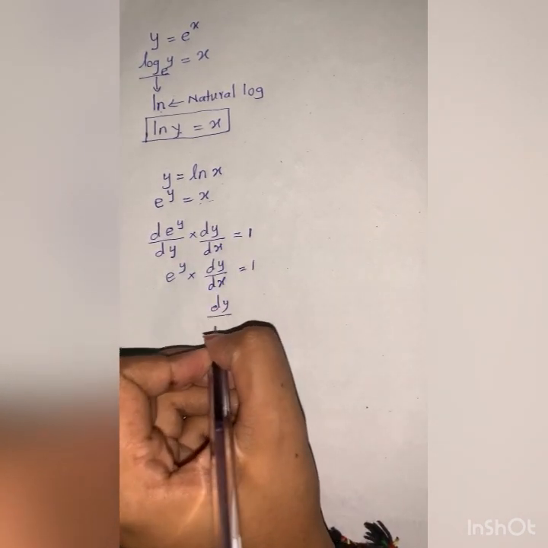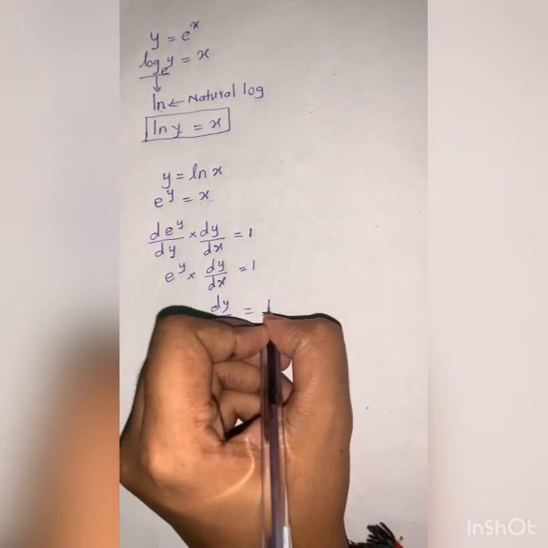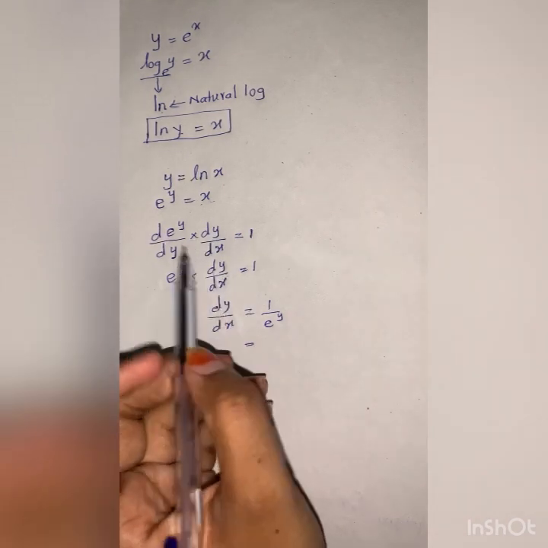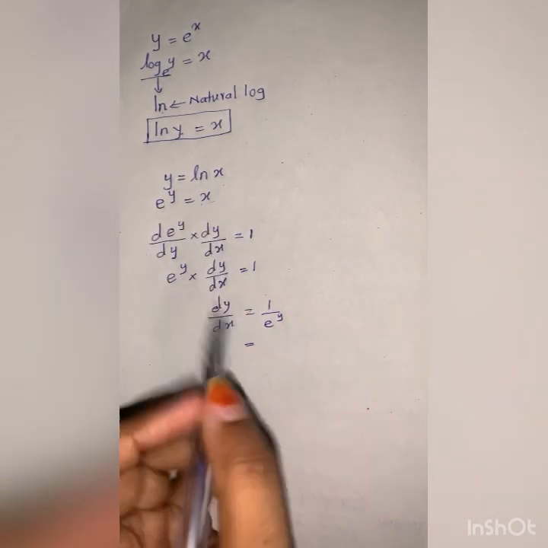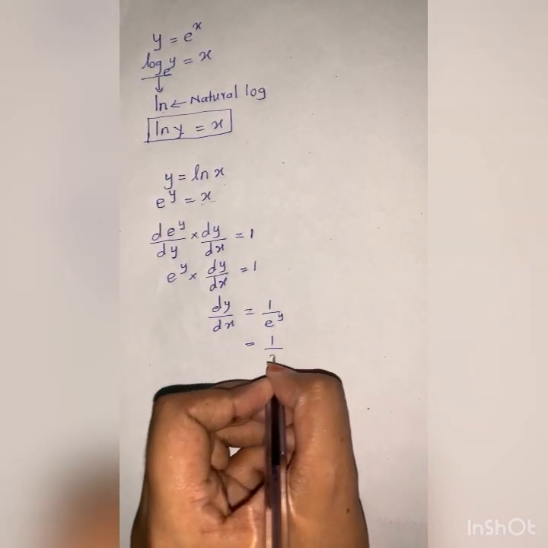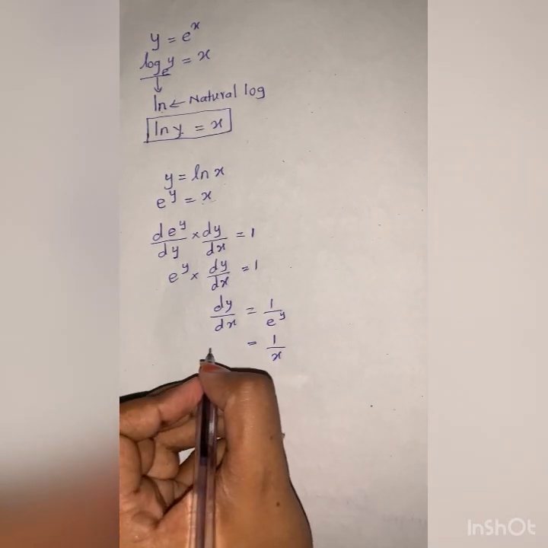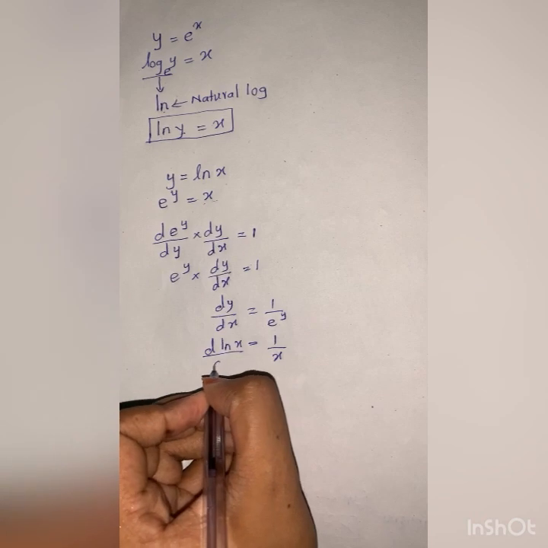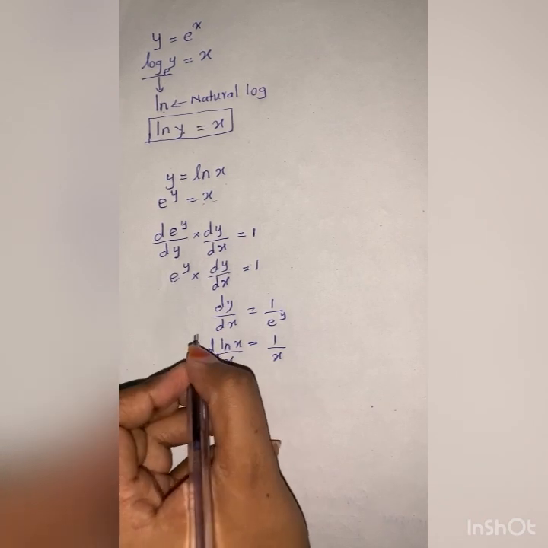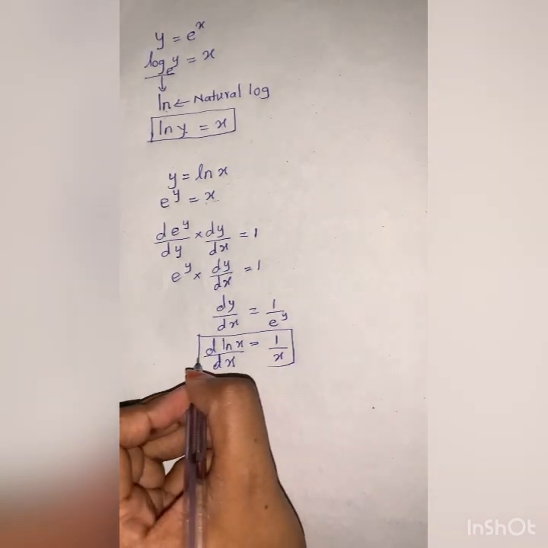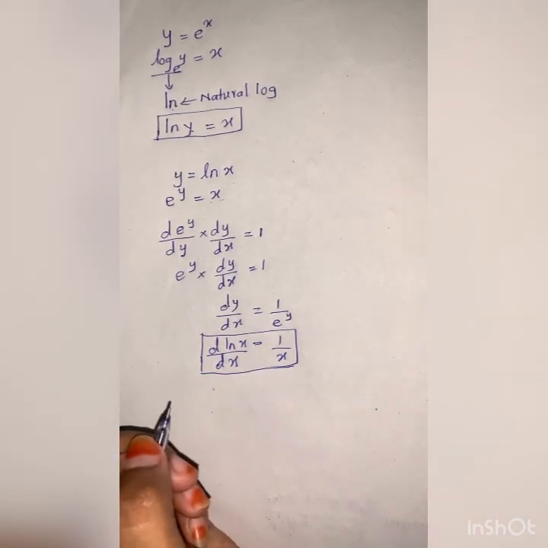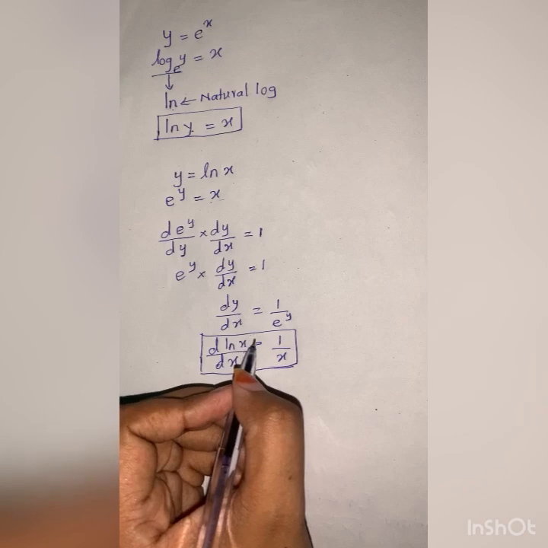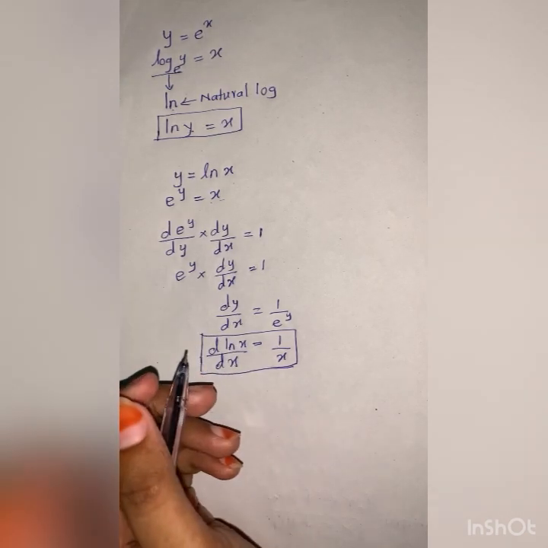So dy by dx is equal to 1 over e to the power y. Since e to the power y is equal to x, the differentiation of ln x with respect to x is 1 over x. We can use every rule of log with ln.